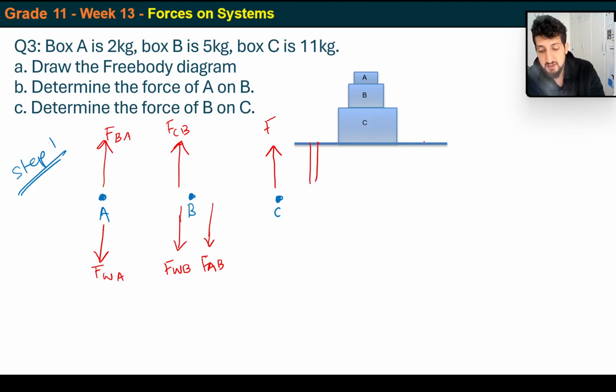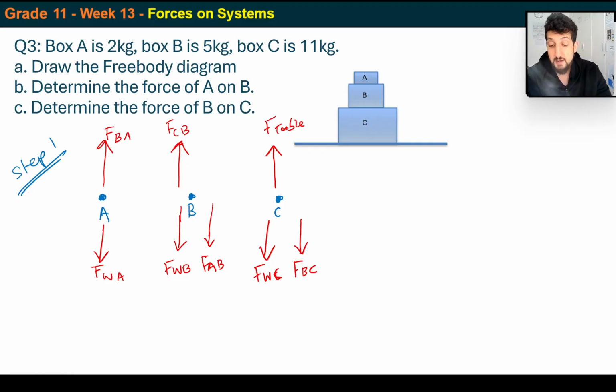So assuming this is a table, for example, the table is applying a force upwards, and we've got the weight of C, so that's the force of weight, plus we've got box B pushing down on C as well, so that's going to be the force of B on C. Okay, so that's the hard part. The hard part is done. We've determined all the different forces acting on different objects.